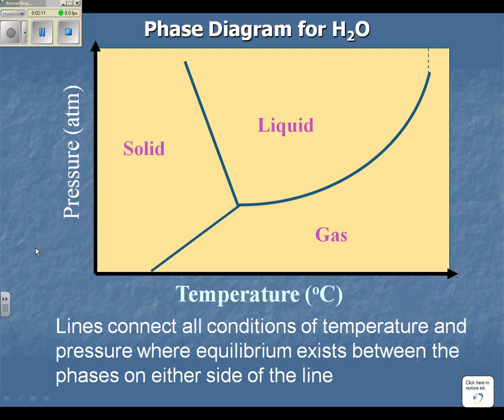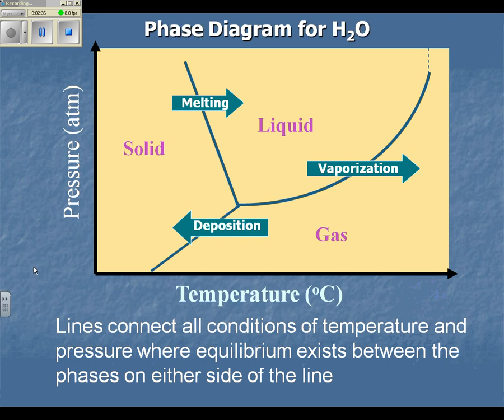All right, so if we go from solid to liquid, that's melting. Going across the line, let's say we pick a pressure and then we're increasing the temperature, and we go across the liquid-gas line, that's going to be vaporization, or your boiling points are going to be found along that line. Coming down on the other side, let's say we've picked a pressure that's pretty low and we decrease temperature, so coming across the gas-solid line, that's called deposition.